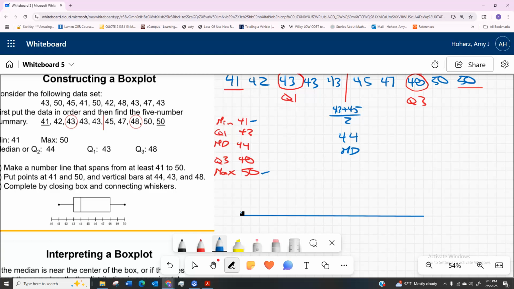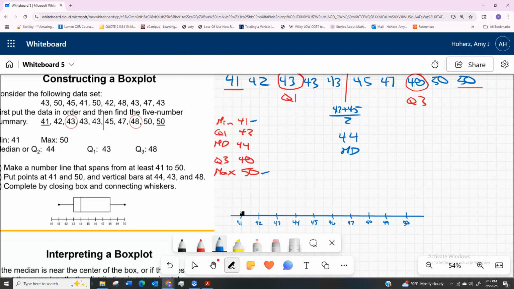You can start below 40 if you want to, or 41 if you want to, but you don't have to. Okay, so we've got 41, 42, 43, 44, 45, 46, 47, 48, 49, and 50.